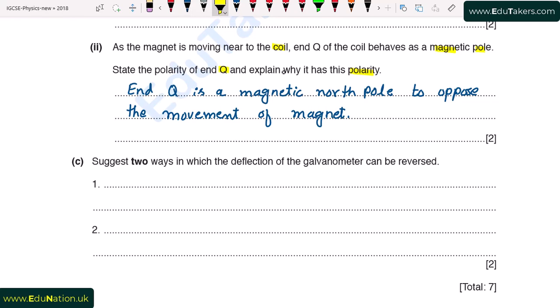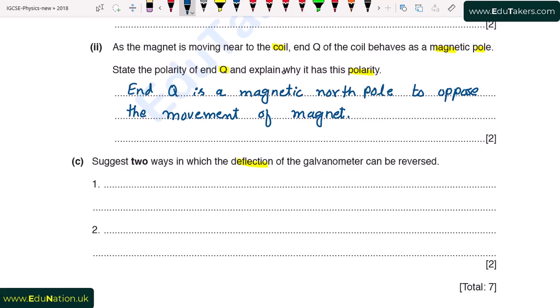Part C suggests two ways in which the deflection of the galvanometer can be reversed. So we can reverse the deflection of the galvanometer by moving the magnet in the opposite direction. If the magnet is first moving to the left side, then we can move the magnet to the right side so that the galvanometer deflection will be reversed.